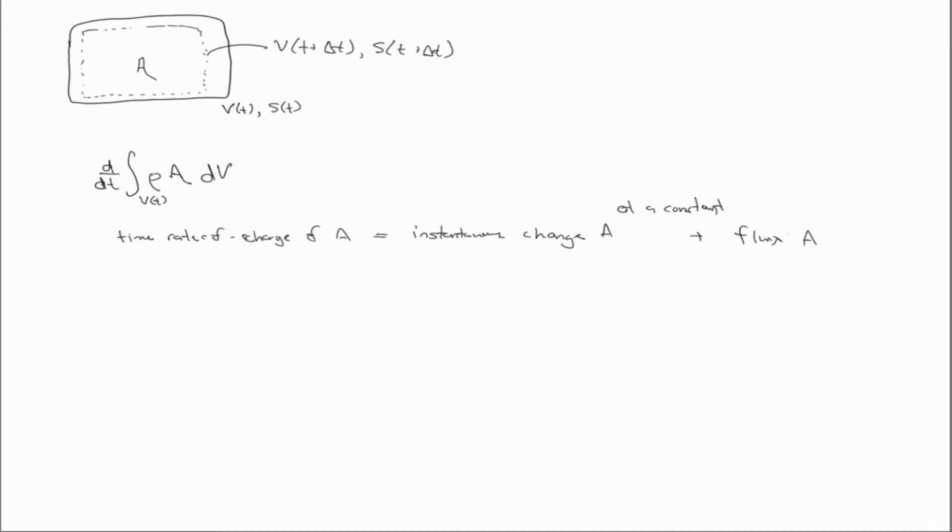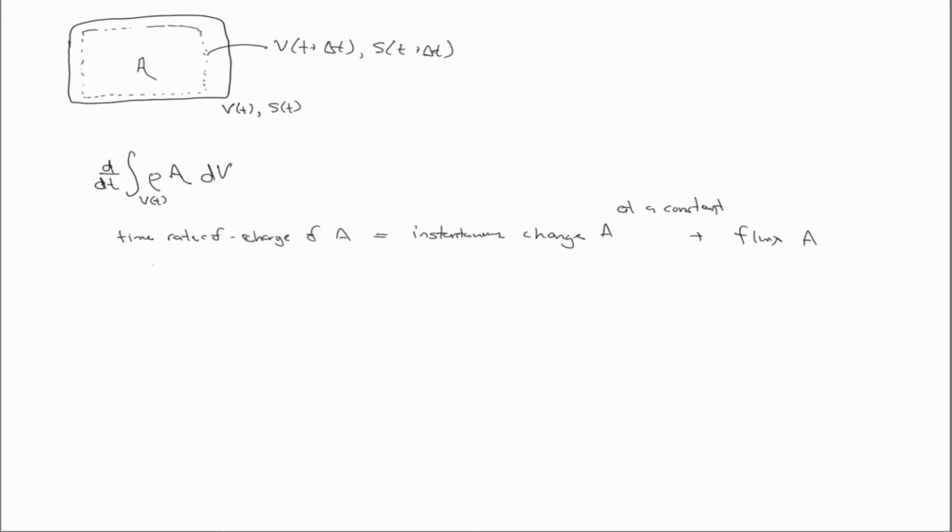So if I'm changing the control volume, there may be something internal to the control volume that's making A increase, right? It could be internal energy or something going up. That's internal to A, but I'm changing the control volume. There also might be some flux across it. Okay.